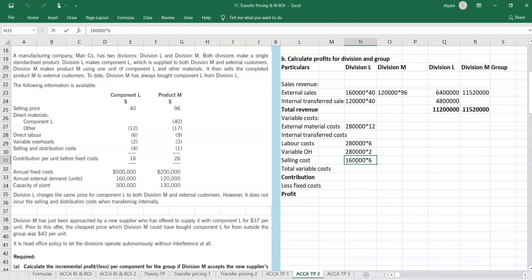Selling overhead is 1,60,000 sold outside into the $4. So we got the numbers. So we can actually solve these and get the costs. So let's start solving them.